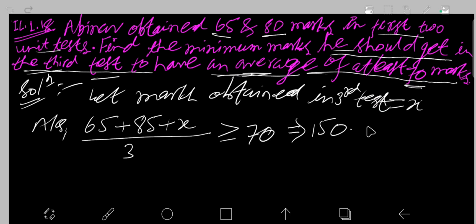we get 150 plus x, and when we multiply both sides by 3, this side is 210.